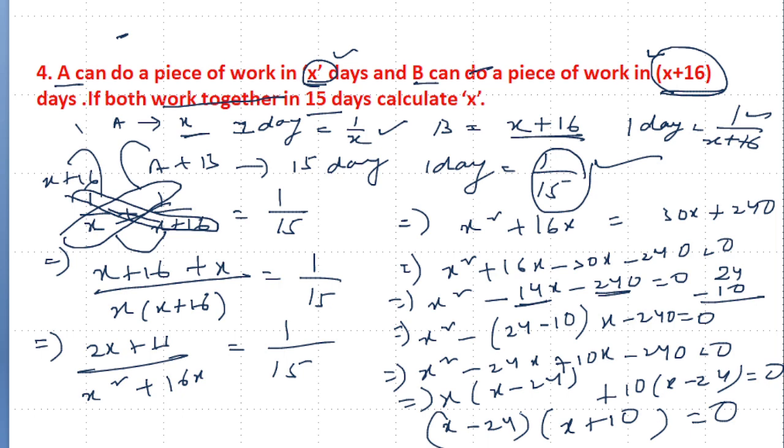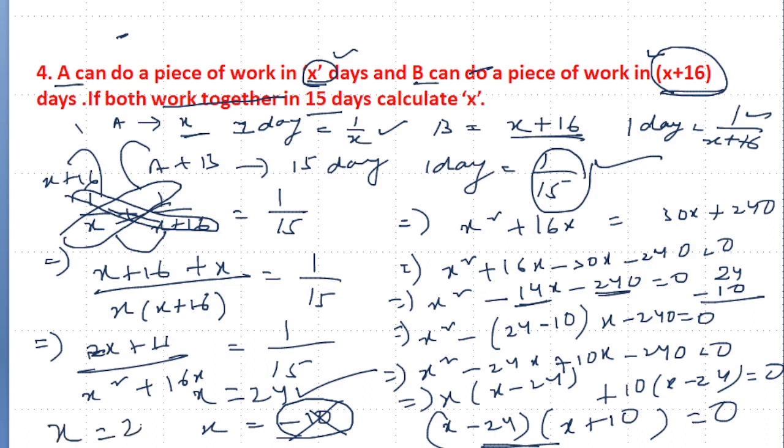This is the two, means x came 24 and x came minus 10. By solving this, students, taking the day never be negative, so this answer is wrong. So what is the answer? X equals 24. What is the value of x? X equals 24. Any doubt?